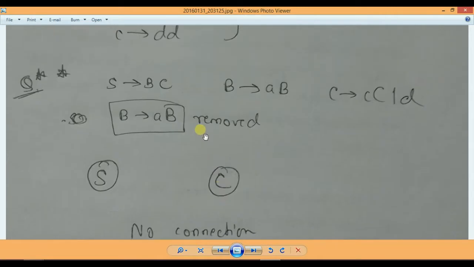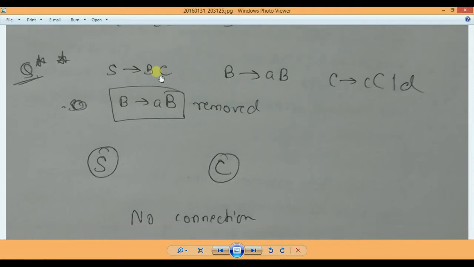I'm sorry, I made a mistake here. From S to B, this C won't be here actually. I'm so sorry, this C won't be here.